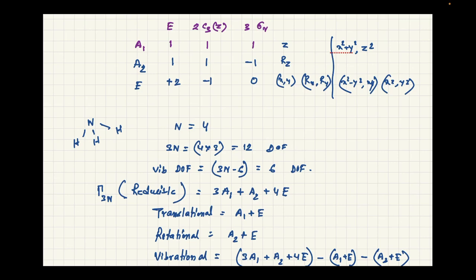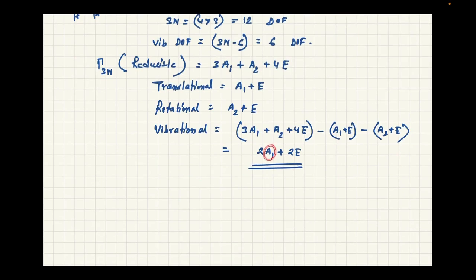So here you can see x square plus y square is a quadratic function, and z square is a quadratic function, which act as a basis for the A1 representation.